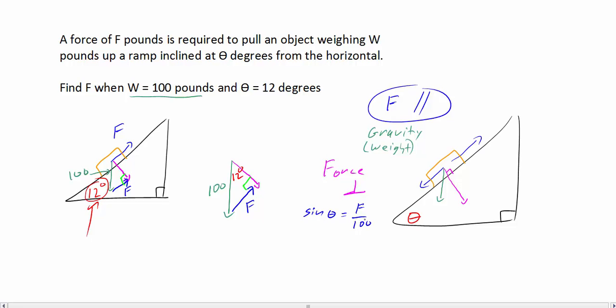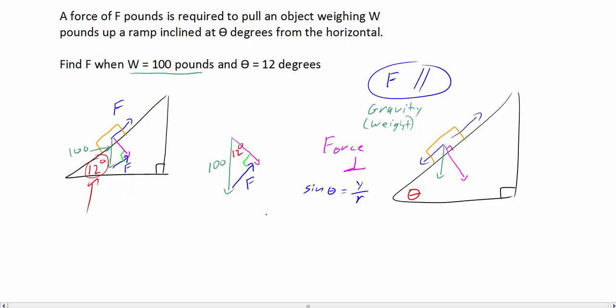So for our case, the sine of our angle, which is 12 degrees, is equal to the opposite side, which is F, over the hypotenuse, which is 100. So we would end up with 100 sine of 12 degrees is equal to F.